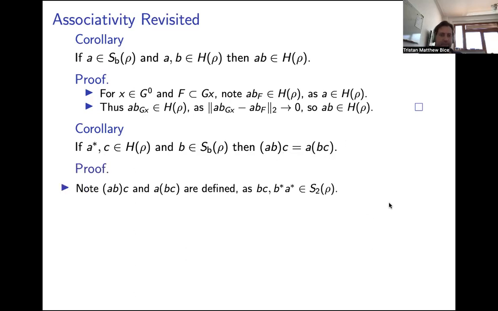So we want to show that it doesn't matter which way we take the product. Why is that true? Well, firstly, we know that these are defined, right? We know that, following from the results we already had, BC is going to be an element of S2. That's true, right? Because B is within SB and C is within S2. And I think we showed on the previous slide that AB itself then has finite 2 norm.